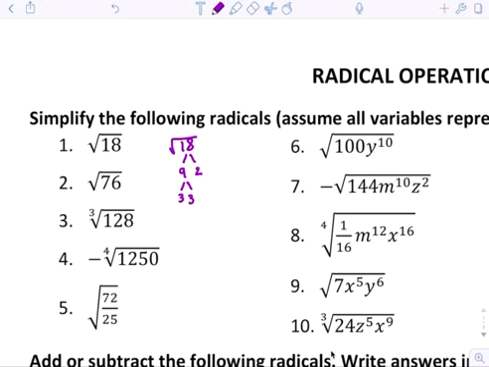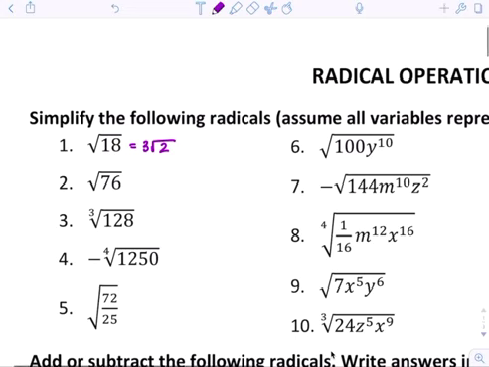So we found a pair of 3's, so they get to come on the outside, 3, and then the leftover is this 2, and he cannot leave. So that means, there we go. There's your guys' answer for that one.